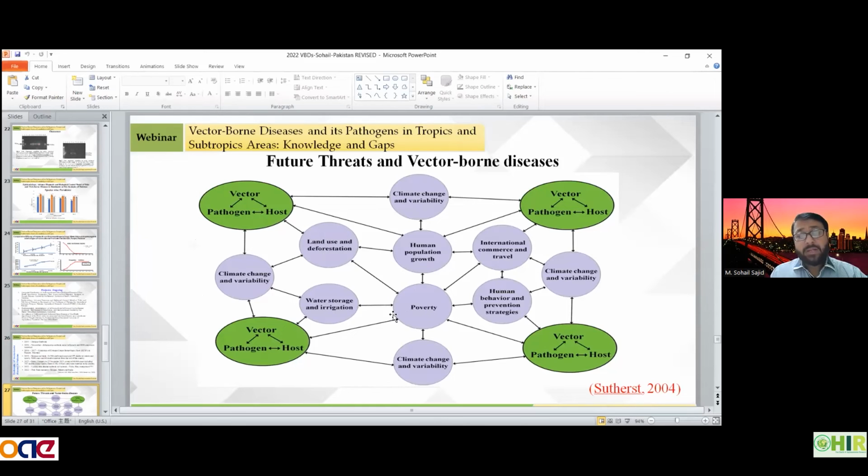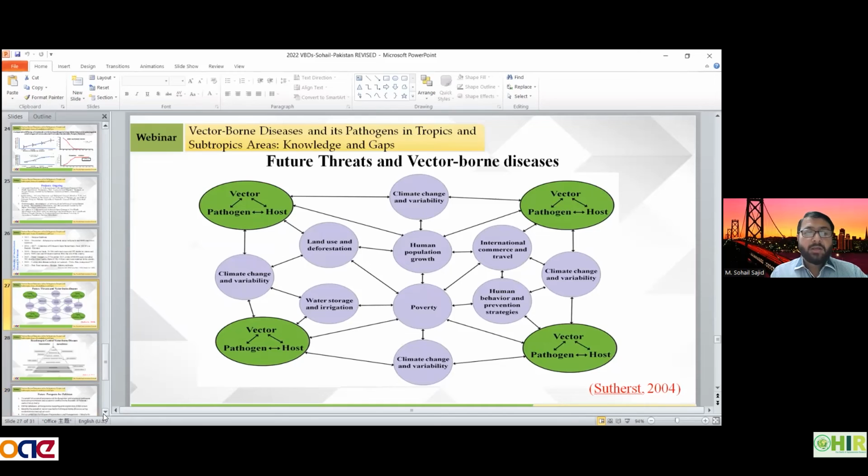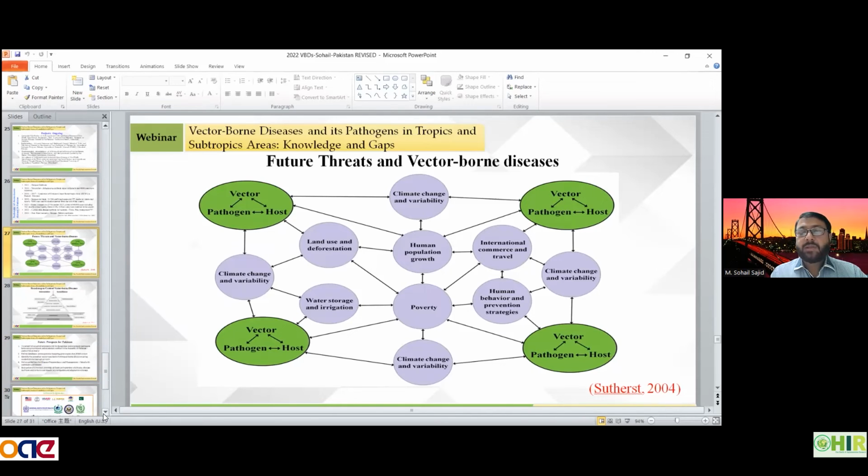It could be poverty, water storage and irrigation systems, sewerage systems, international commerce and travel. This slide is not only referring to the country, but is applicable to any part of the world, leading to the successful propagation of vectors.